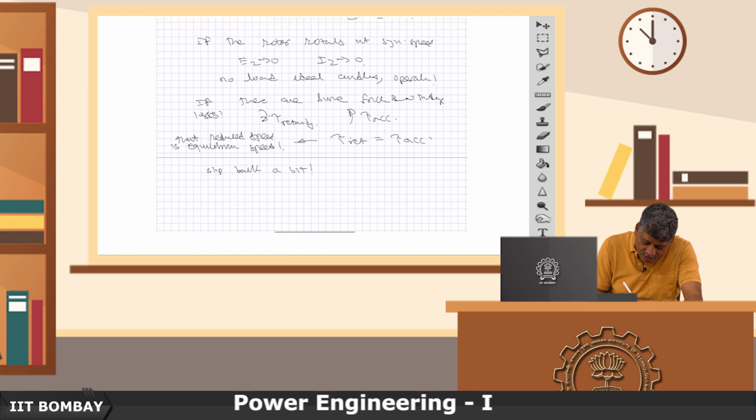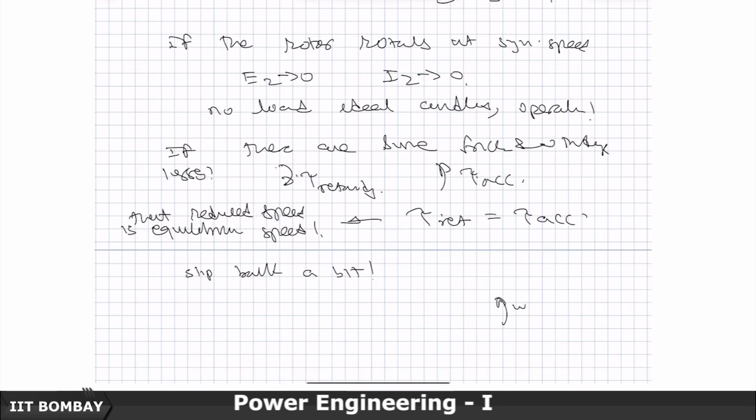So, now what is the frequency? Suppose the rotor is rotating at omega m, then what is the frequency of induced voltages in the rotor winding? The rotor is rotating at omega m, and the rotating MMF wave created by the stator is rotating at omega s.